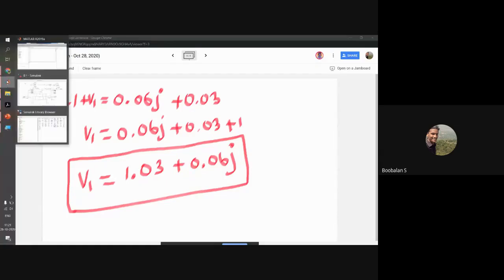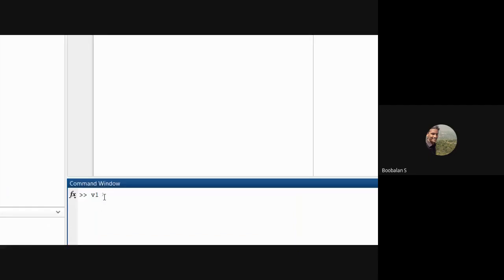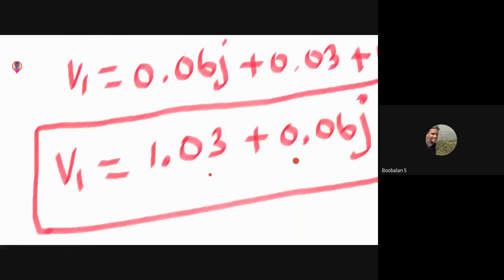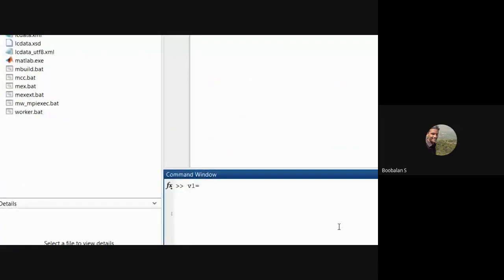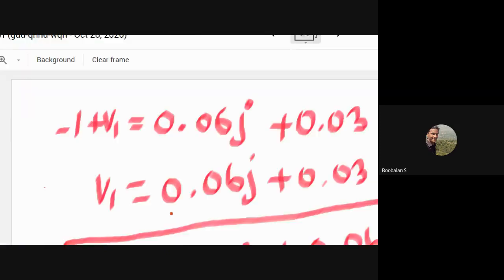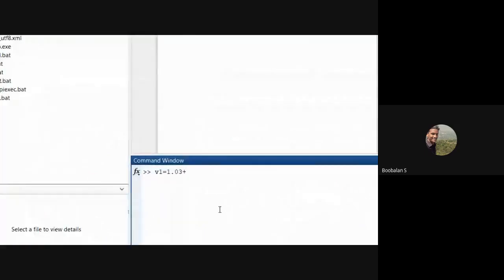Now I'm going to use MATLAB over here. What is the formula for V1? V1 equals 1.03 plus 0.06j. If you just enter 0.06j, we couldn't directly use i over here, so for that purpose we need to use 1i.